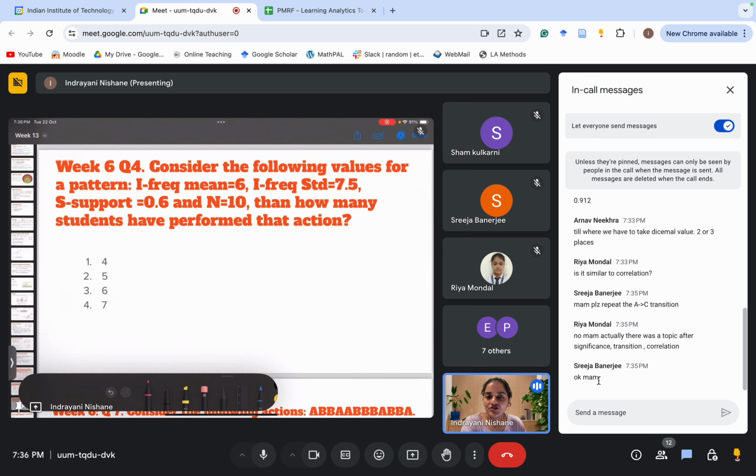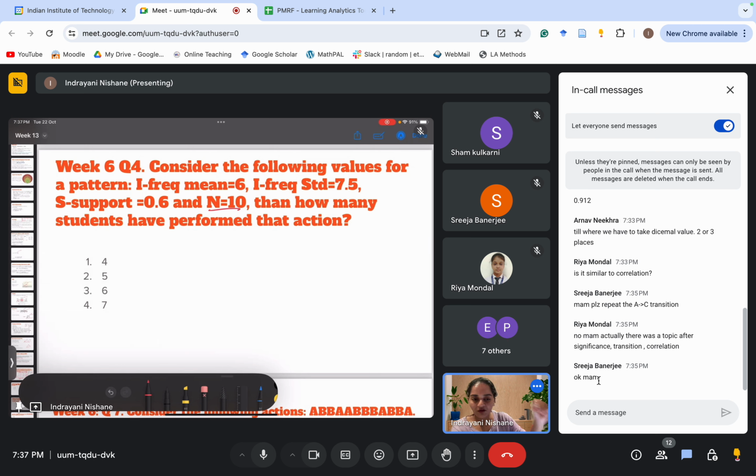Now the next question. They have given the values for some pattern: I frequency mean value is 6, I frequency standard deviation is 7.5, S support is 0.6, and N is the total number of samples. Total number of samples is 10. Then how many students have performed that action?